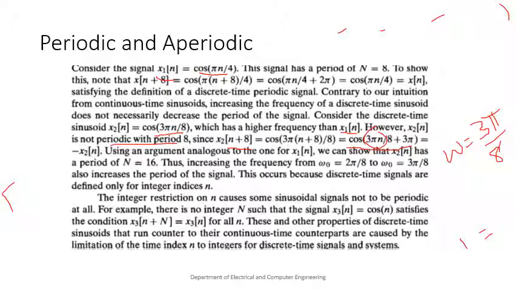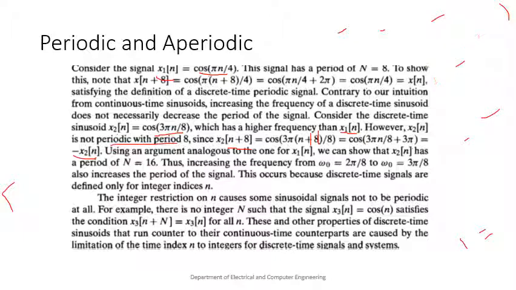So this is not periodic, because if you solve this, it will become minus x2 of n. However, we require x of n. Using an argument analogous to the one for x1 of n, we can show that x2 of n has period 16. So if I take the period to be 16, then I can solve it for you.